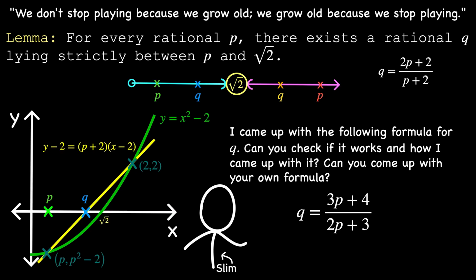And bonus points if you can guess where I got this formula from. Hint, it has something to do with our crazy proof for the irrationality of the square root of 2. If you are curious to dive deeper, feel free to leave a comment below or hit us up on Discord. Let's crack this mathematical code together.